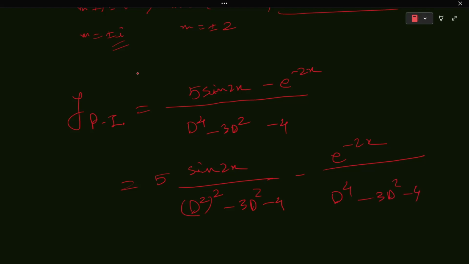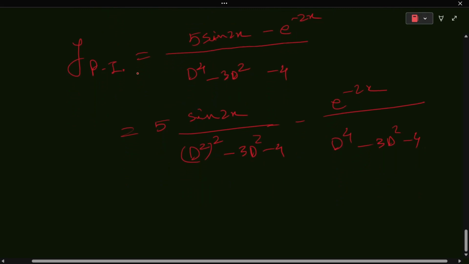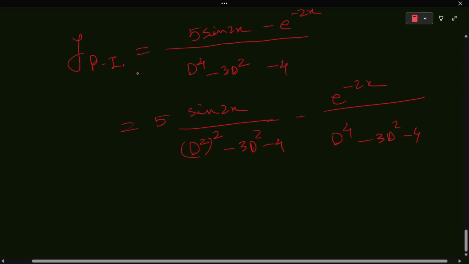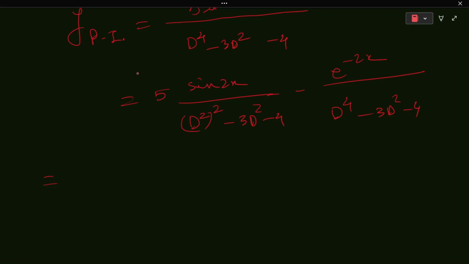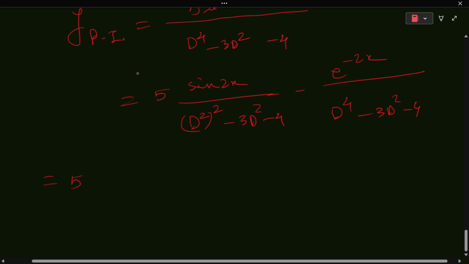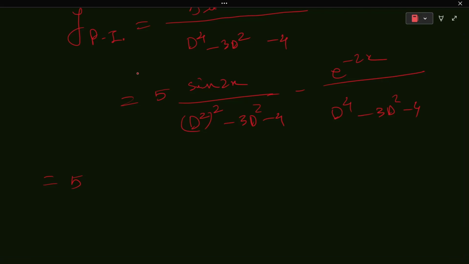So this is the exponential part. I told you the rule for the exponential part, how to solve that exponential term when we have the inverse differential operator. So I need you to follow the rule and solve that part. For 5 sine 2x, here a is 2. So D square is minus 2 square, that is minus 4.